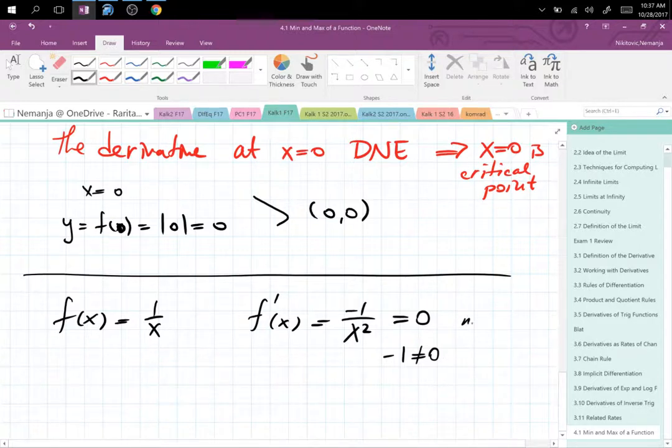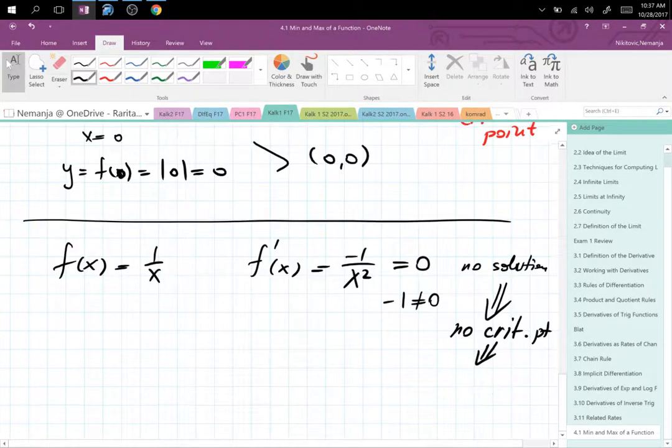No solution. We know there's a vertical asymptote at x equals 0. When there is no solution, it means no critical point, which means no min or max. You can have that situation.